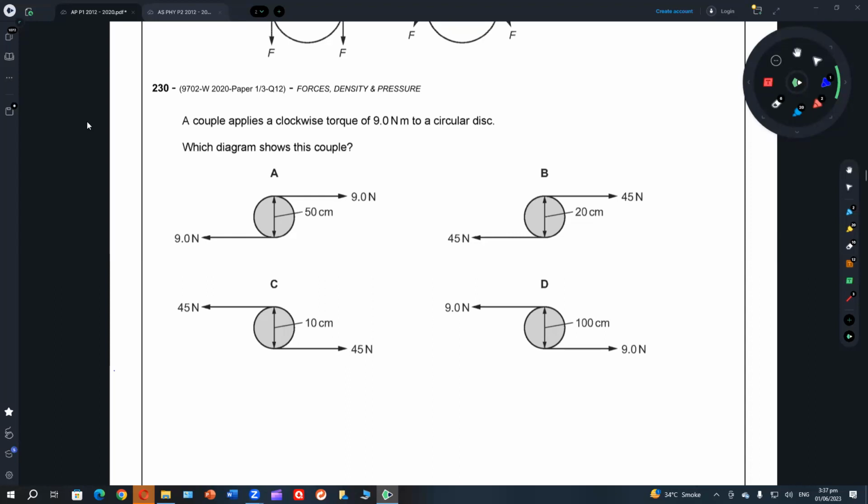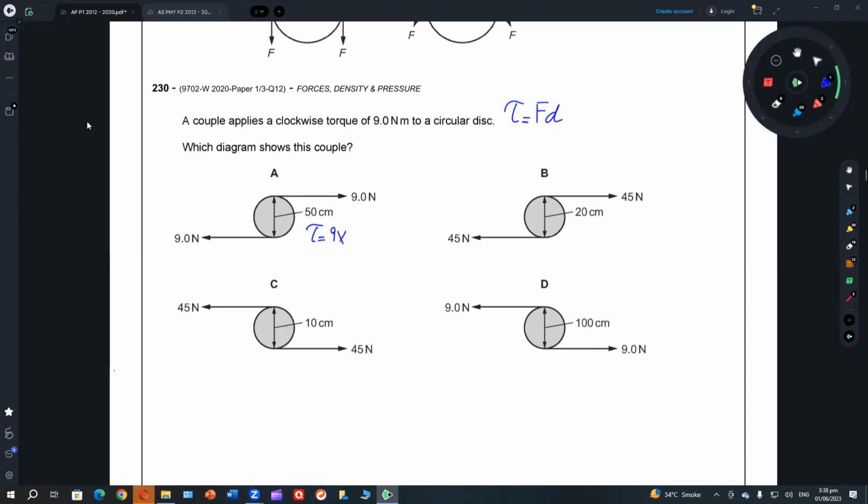What is the formula for torque? F into D, one force into separation. Isn't it the same as the moment? But in moment you take the distance from the pivot, right?